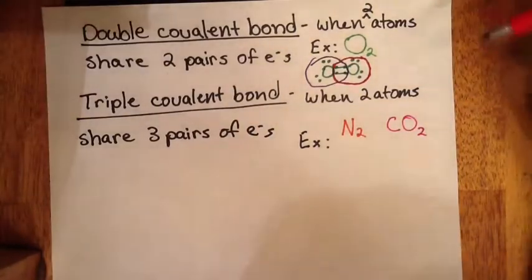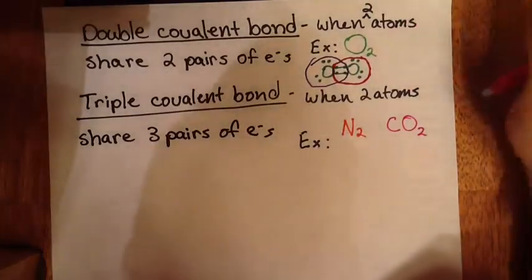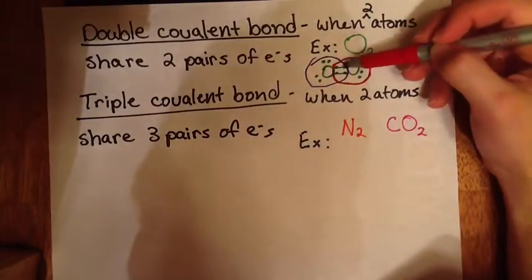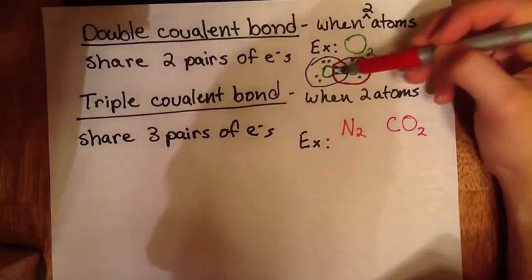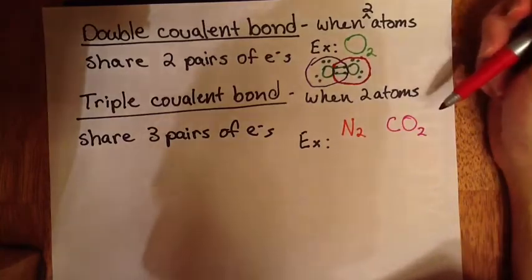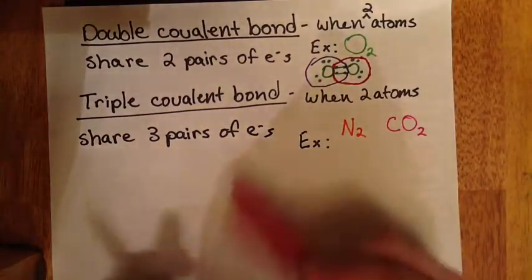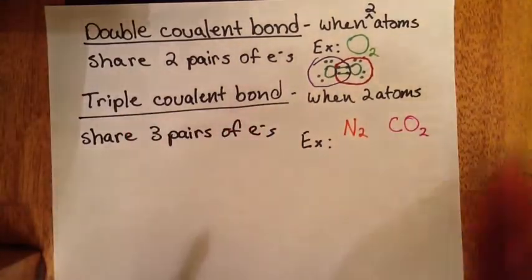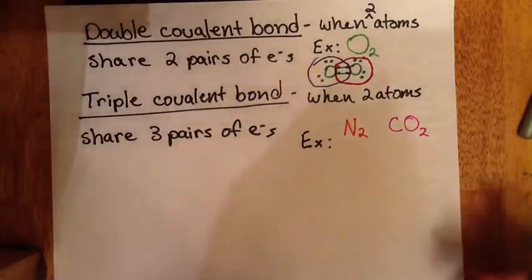So everybody is happy. Everybody has 8 in this O2 example, and that's a double bond. We have 4 electrons total. That's 2 pair that are involved in the bonding. Okay, let's show you a triple covalent bond. Very, very similar.